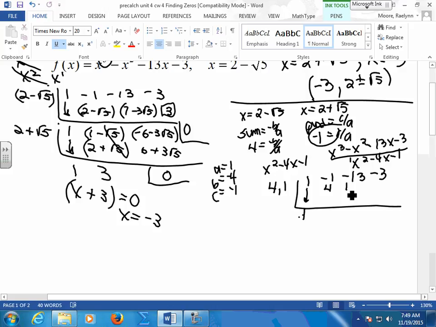Add this guy down. 3. 4 times 3 is 12. 3 times 1 is 3. Whoops. 3. Add down. What does this guy come out to be? 0. What does this guy come out to be? 0. X plus 3 is my last factor.